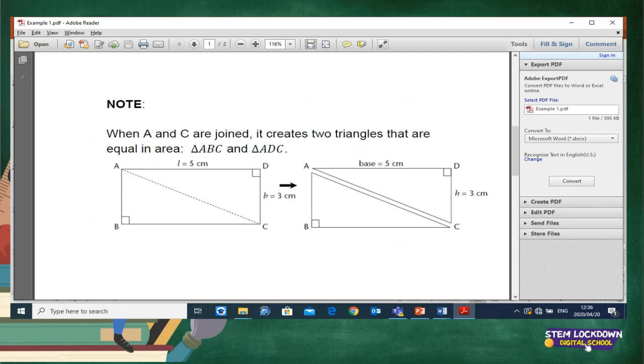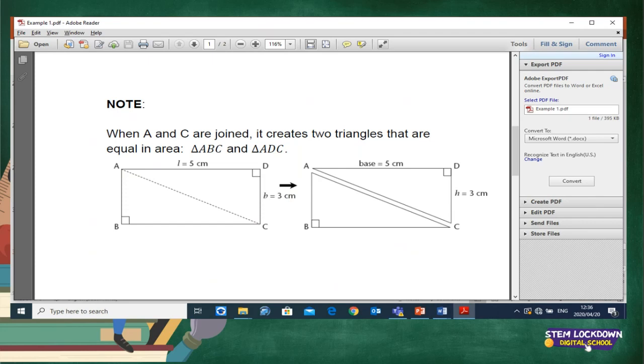The first one is still a solid rectangle. And note, when A and C are joined, it creates two triangles that are equal in area. In other words, the area for triangle ABC will be equal to the area for triangle ADC.